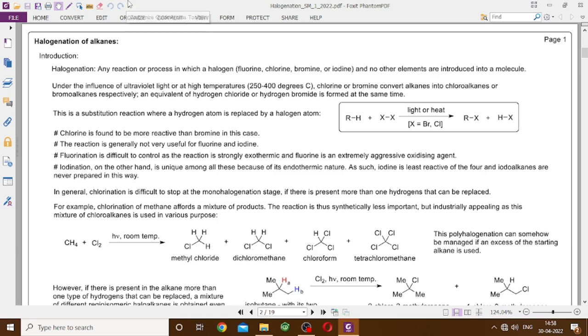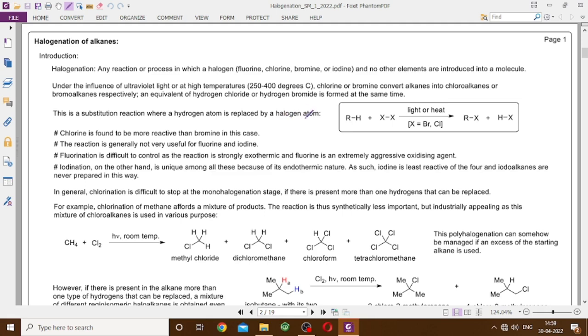So if I represent my alkane as RH and my halogen as X2, then under the photochemical condition or heating condition where X is bromine or chlorine, I will get RCl or RBr along with one equivalent of HCl or HBr. So obviously one of the hydrogens is getting replaced by X and therefore it's a substitution reaction.